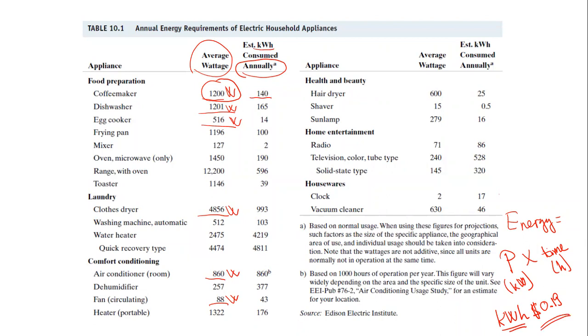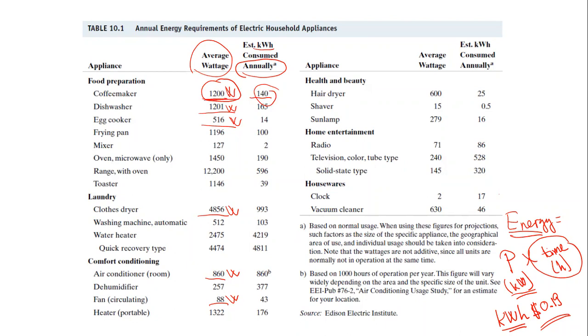I can use the formula to find the time. I have the energy, which is 140. I have the power, which is 1200. So I divide the energy, 140 kilowatt hours, by the power in kilowatts, which is 1.2, if you convert it to kilowatts.